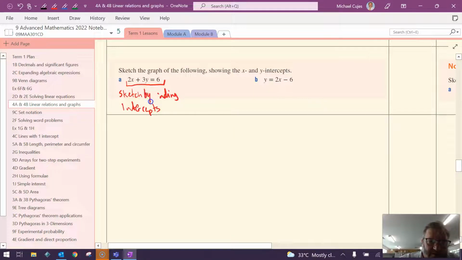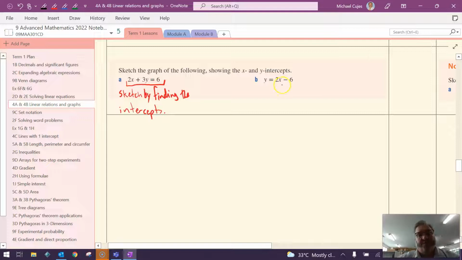Sketch by finding the intercepts. When you're given it in standard form, when you've got ax plus by equals a number at the end, that's the way I want you to do it.